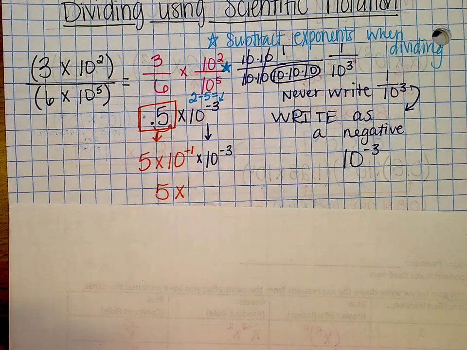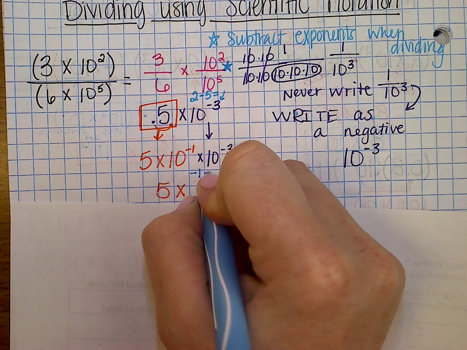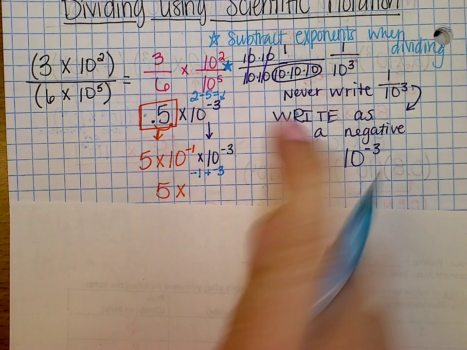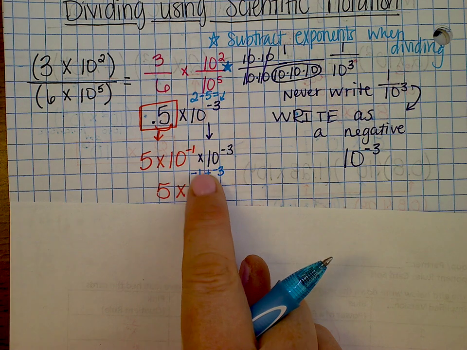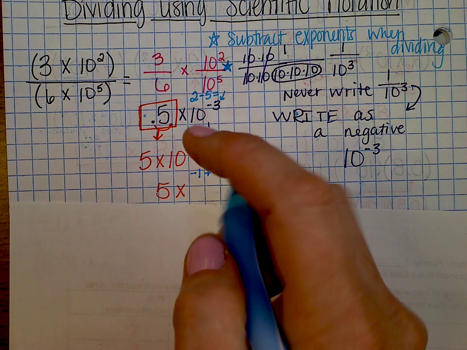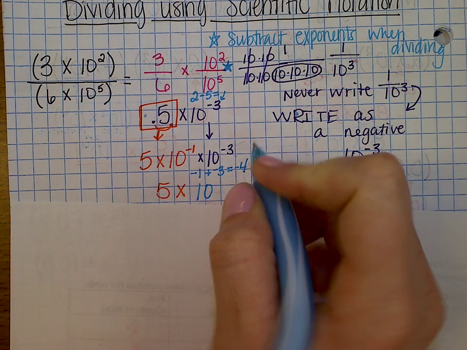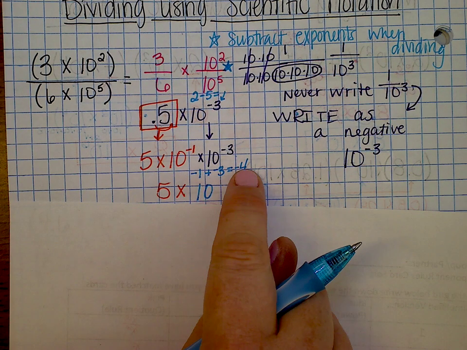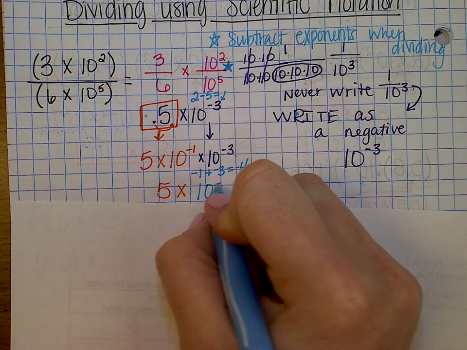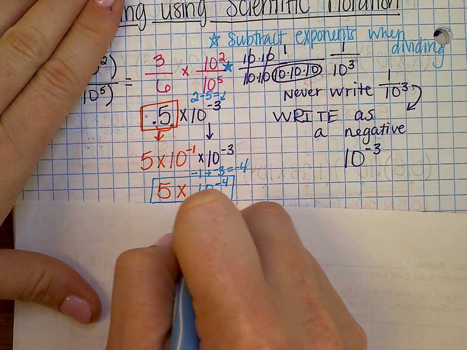And then if I have negative 1 plus negative 3, because see how there's multiplication between them? Make sure you add. So negative 1 plus negative 3 would be negative 4. If I owe you $1 and owe you $3, I owe you 4. So it would be 5 times 10 to the negative 4th.